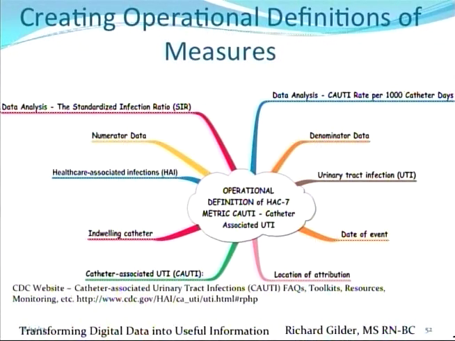I love this slide, and I borrowed this from one of my colleagues. He presented a webinar about transforming digital data into useful information. This shows you if I want to capture data related to catheter-associated urinary tract infection.